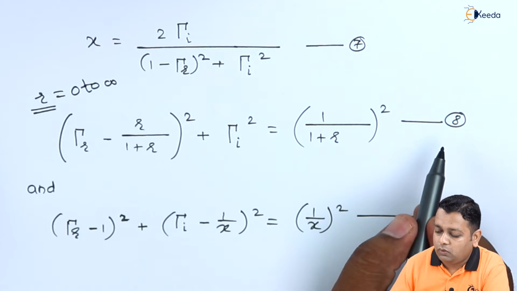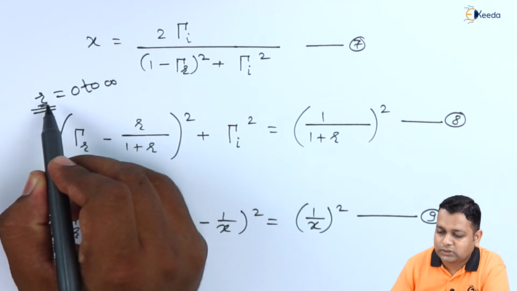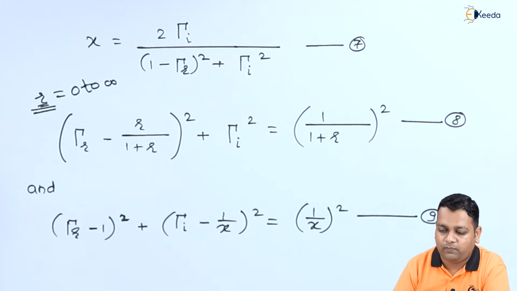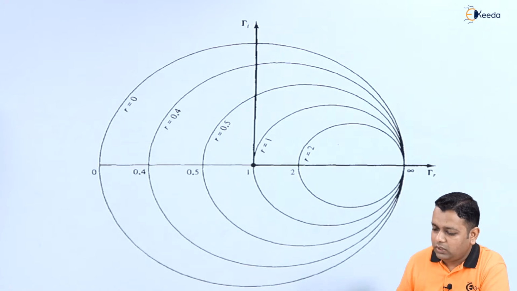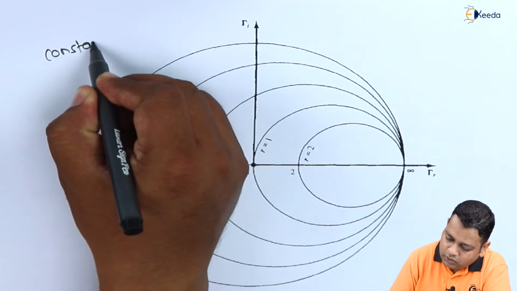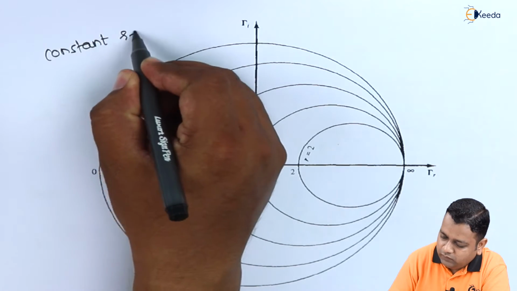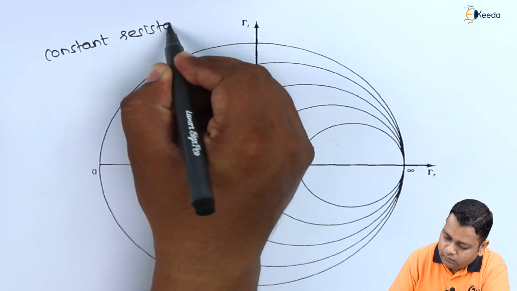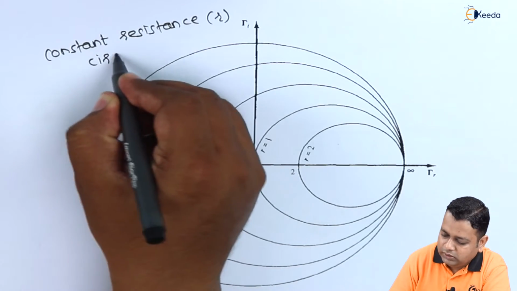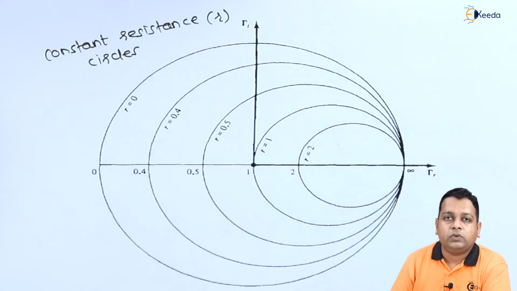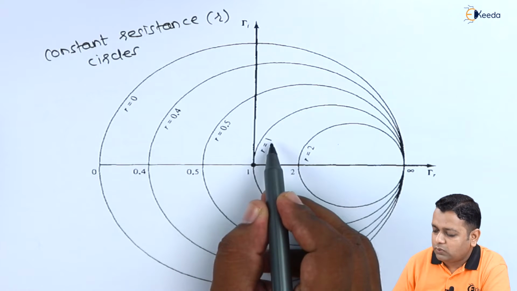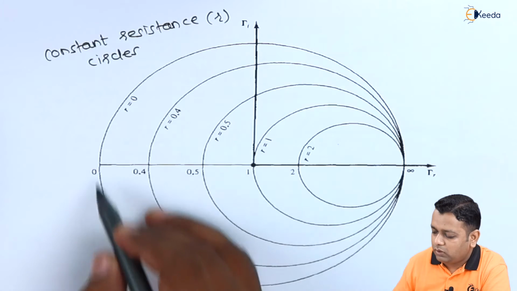All the constant resistance r circles can be plotted, and we see them with the help of one diagram. This diagram can be regarded as the constant resistance circles denoted by small r. As discussed, the center for r equal to 1 is in this particular plot.